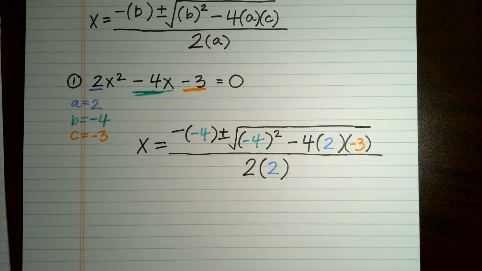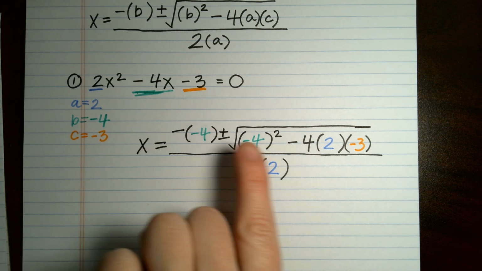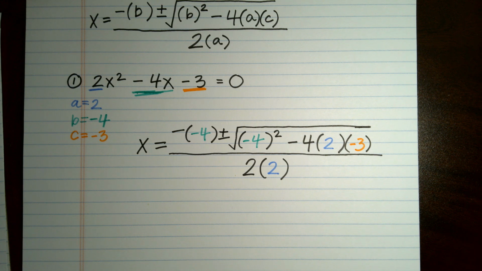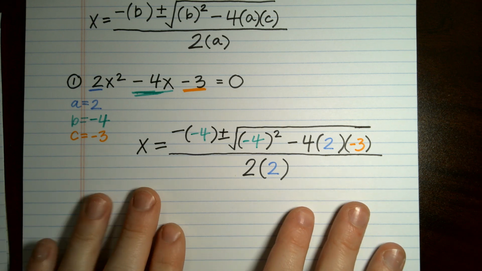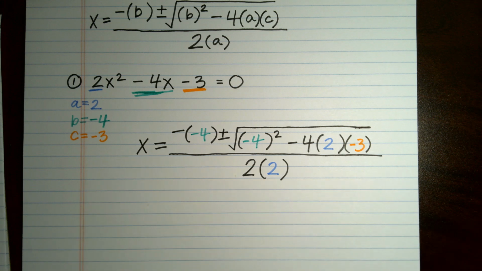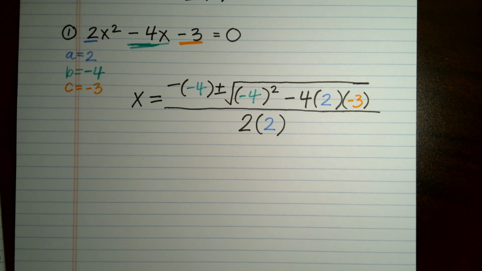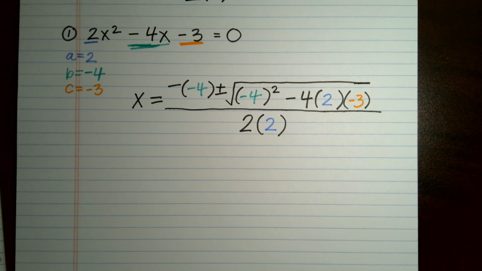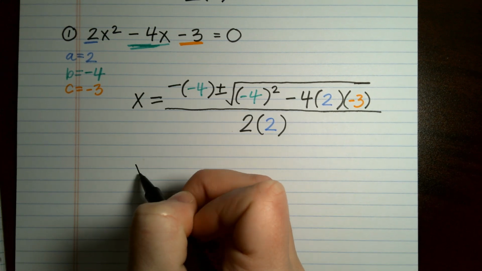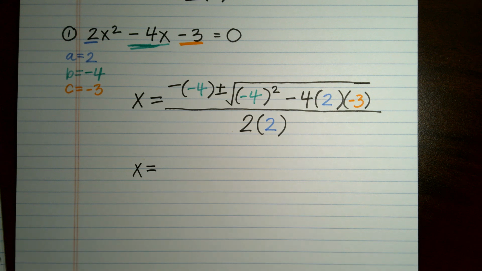So what I'm going to have us do next to simplify all of these numbers is, instead of worrying so much about order of operations like we were talking about on Thursday, let's just go left to right, because in this formula, the way that things are laid out, it's not going to affect our answer too much. If we just go left to right, we'll get the same thing. So what I'm going to have you do next is rewrite again x equals. And we're going to simplify everything as we go.